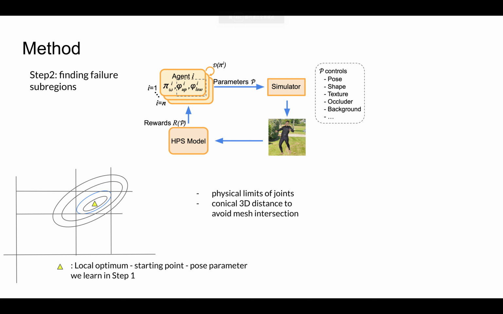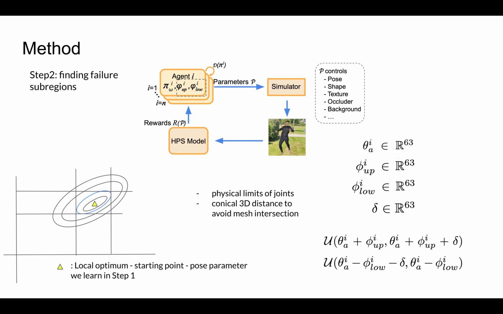However, VPoser has several limitations. For example, the distances between individual poses are not preserved in the VAE latent space. More importantly, it is trained on a finite dataset, resulting in a biased distribution. Therefore, in this step, we directly search the pose space using a hierarchical searching policy.